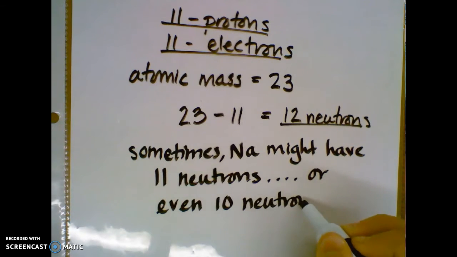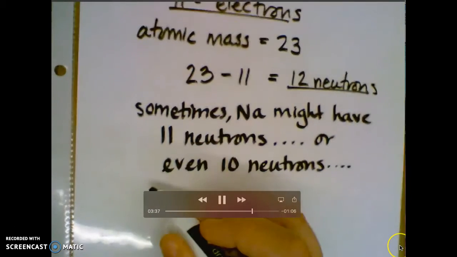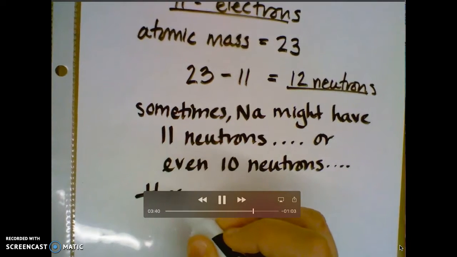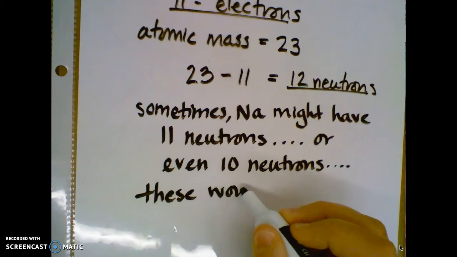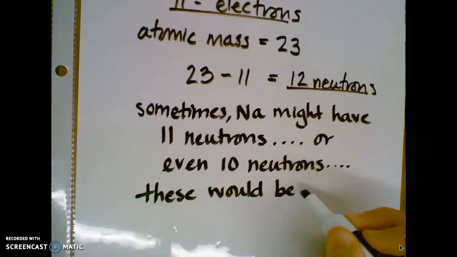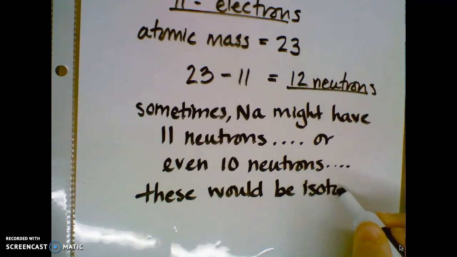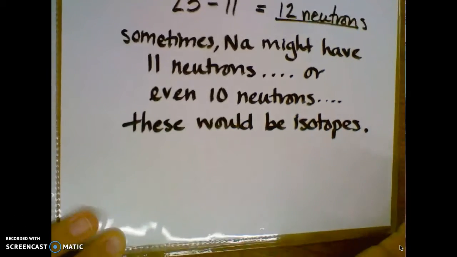And those are different, these are called isotopes. So different numbers of neutrons doesn't really affect the charge, it just affects the weight of the atom.